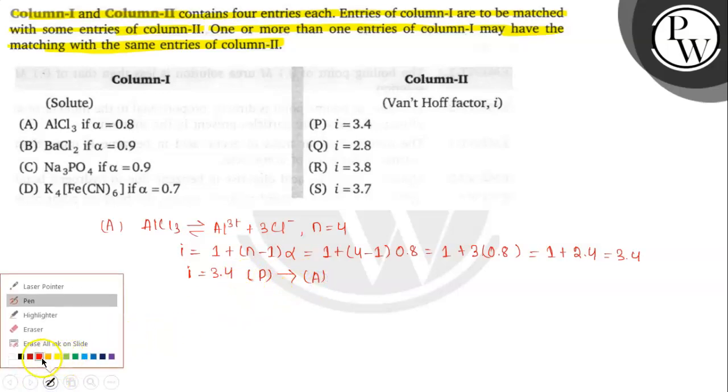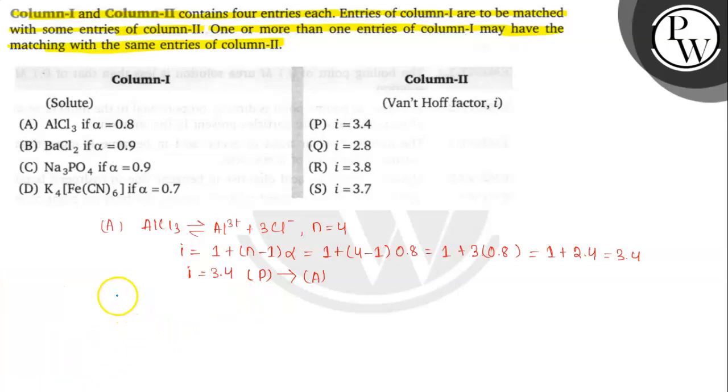Now B. In case of B, this is BaCl2, which dissociates to form Ba2+ and 2Cl−, and the number of dissociated ions N is 3. So if we put the formula, it will be equal to 1 plus (3 minus 1) and alpha is given as 0.9.